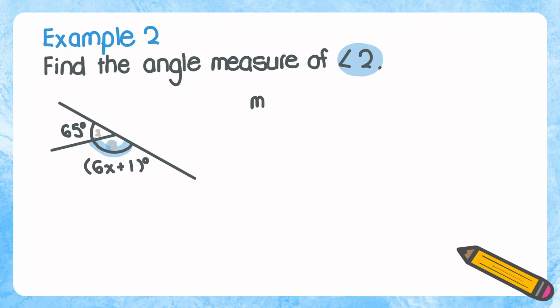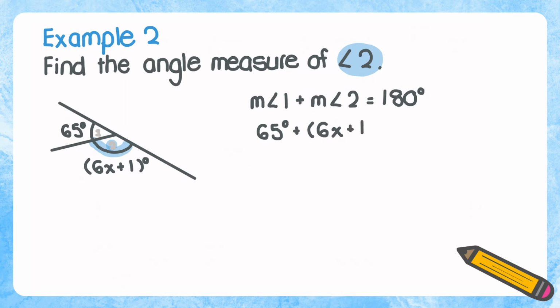So the measure of angle 1 plus the measure of angle 2 equals 180 degrees, since they're supplementary angles. So let's replace the angles with the given values. So I know the measure of angle 1 is 65 degrees, and the measure of angle 2 is 6x plus 1 degrees.